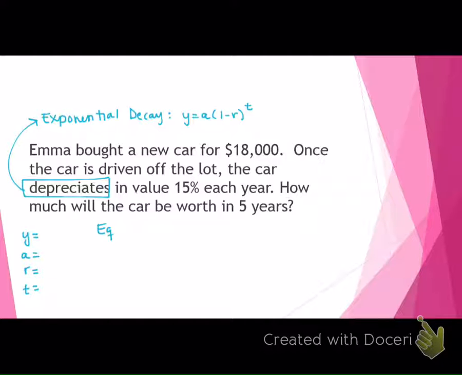So let's just start with writing the equation first, then we will plug into our equation. So first, Olivia, do we know my Y value, my ending amount? No. How about the A value, Olivia? That's your starting amount. Good. What is your R, your rate?